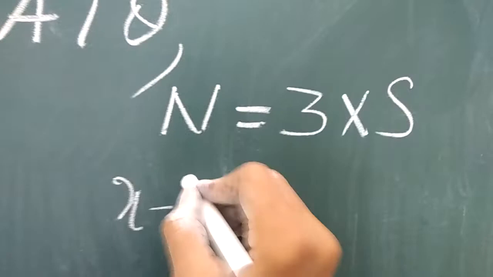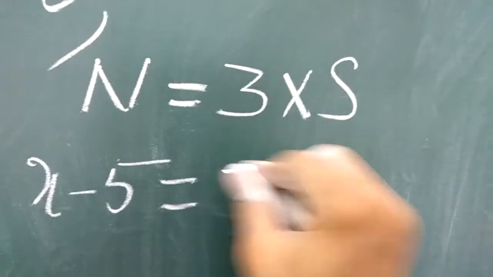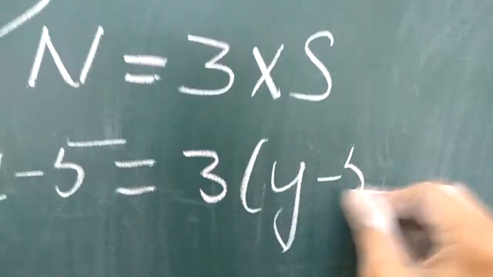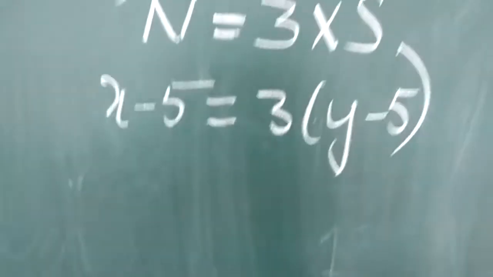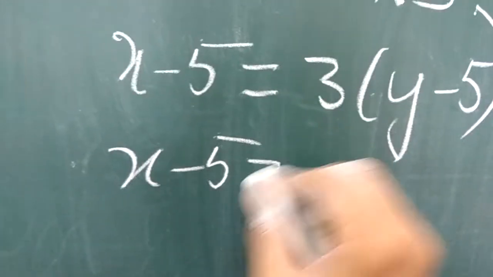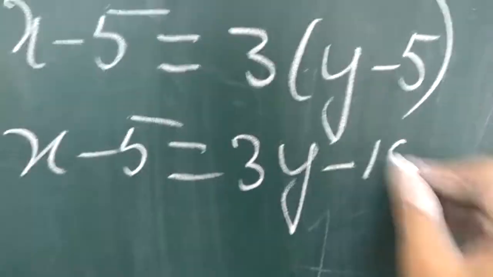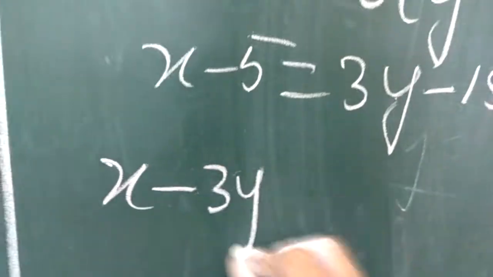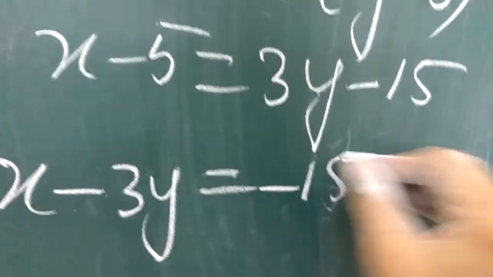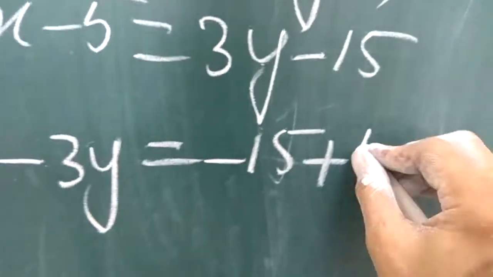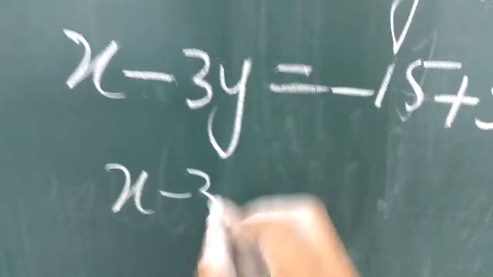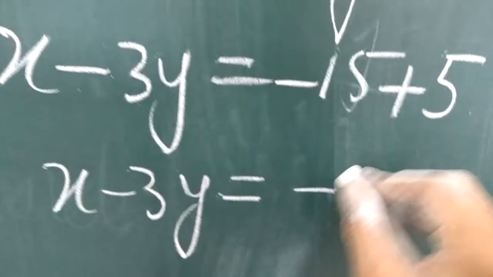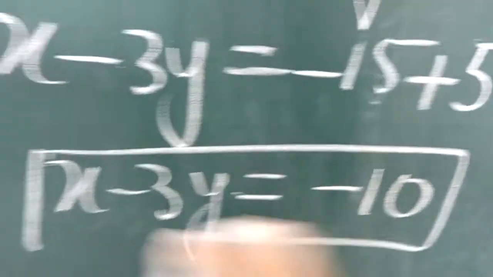So, we'll write x minus 5 is equal to 3 into y minus 5. Do not forget to put the bracket. Now, solve the 3y by distribution property. You will get the equation. Take x to the left hand side, minus 3y, minus 15, minus 5 will become plus 5. So, the first equation will be x minus 3y is equal to minus 10. This will be your first equation, right?